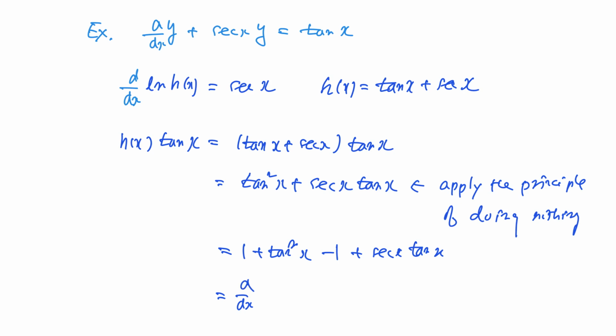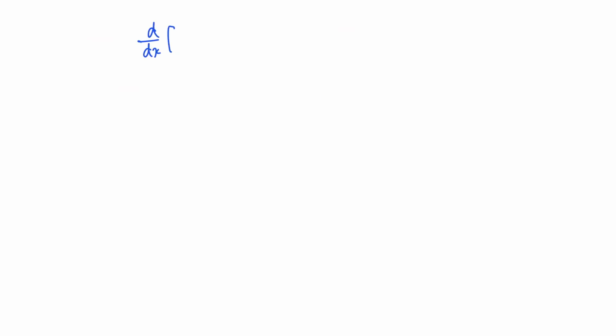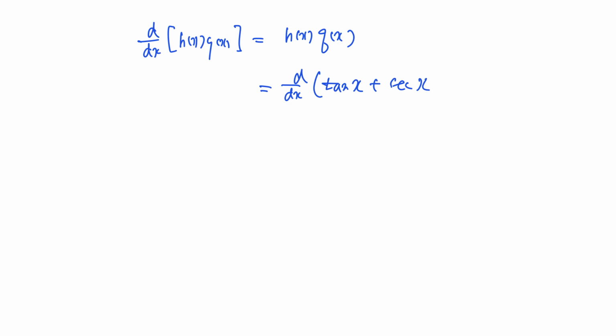Which is the same as d/dx of tangent x plus secant x minus x. d/dx h(x)y(x) is the same as h(x)q(x), which is d/dx of tangent x plus secant x minus x, the same as d/dx of tangent x secant x y.